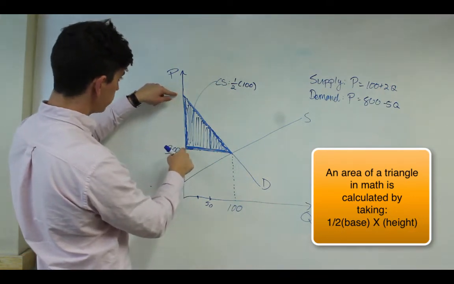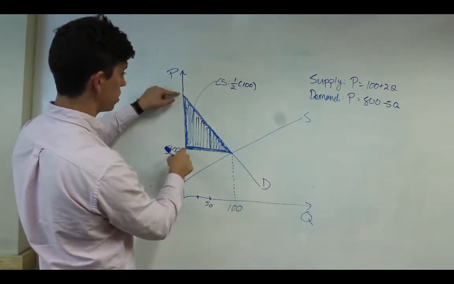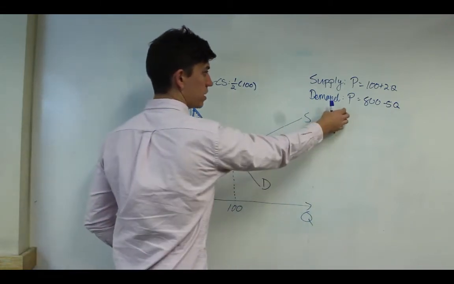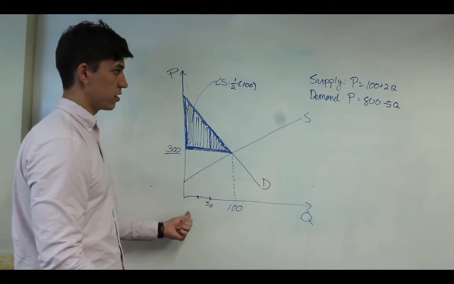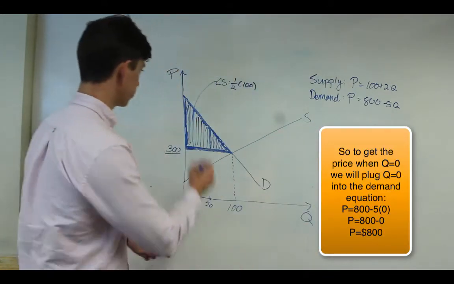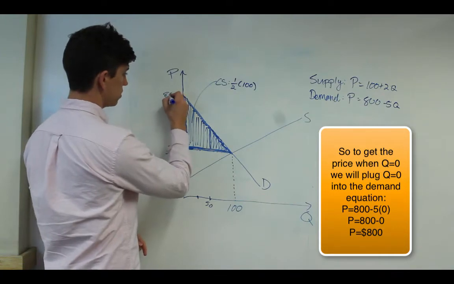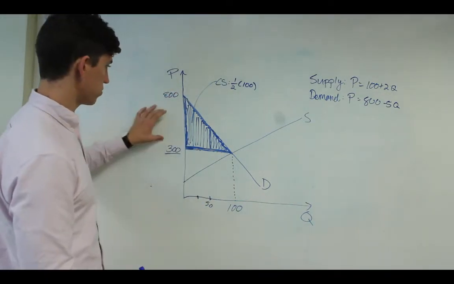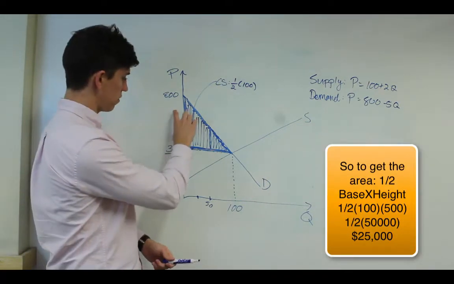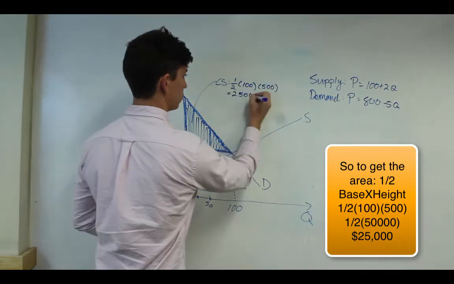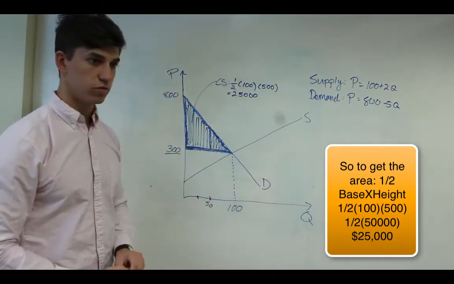This bottom point is 300, so we just have to find what this top point is, which is exactly the price on this demand equation when quantity is equal to 0. If we plug in 0 for quantity here, we get that the price is 800, which is the price intercept, which means that this height right here is 500. So 25,000 is our consumer surplus.